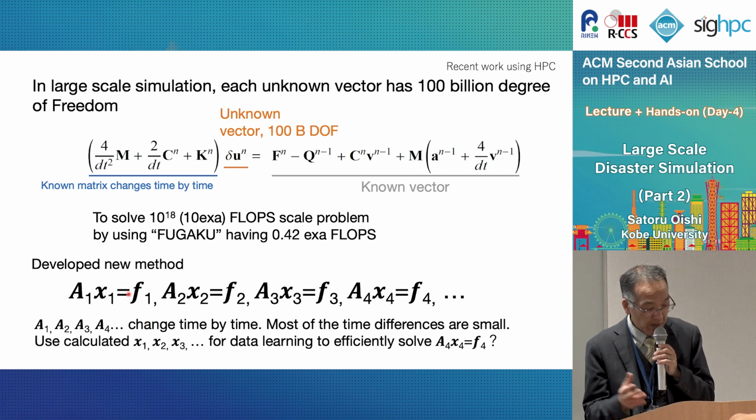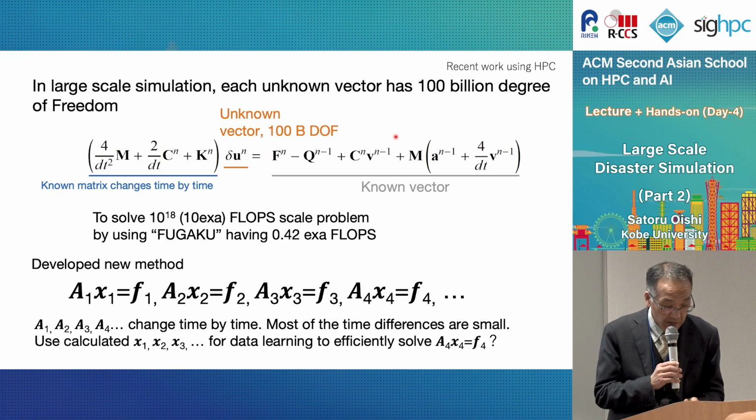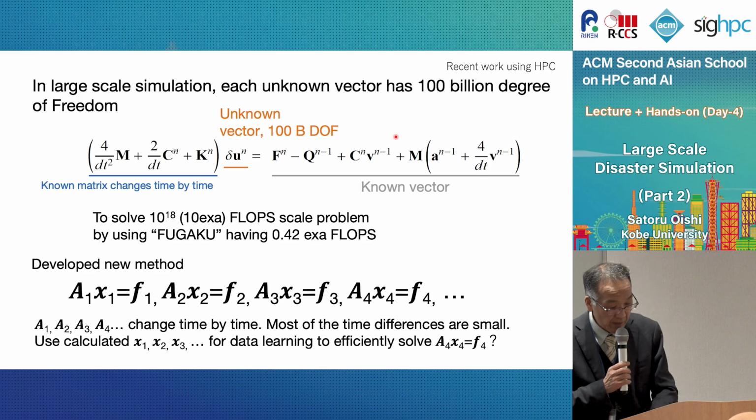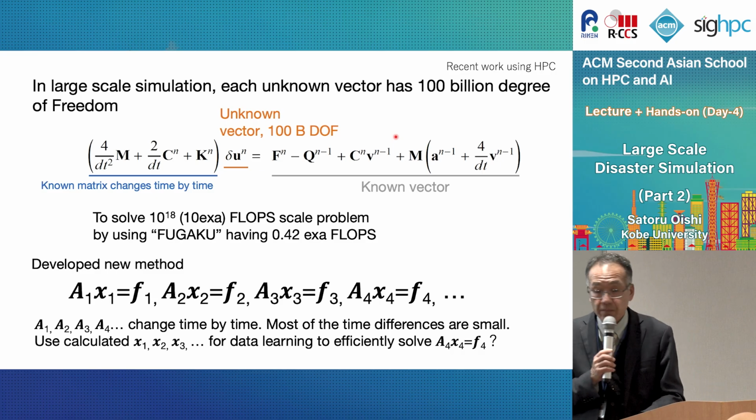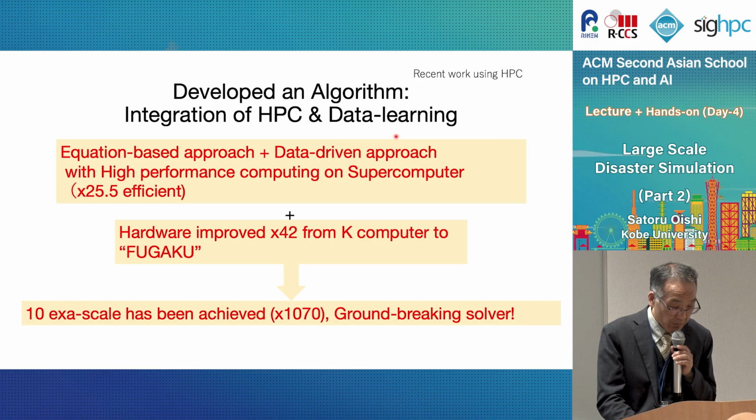I mean, a closer estimation can be achieved using artificial intelligence. Then you can get higher accuracy within a smaller time. So that is what I want to say.